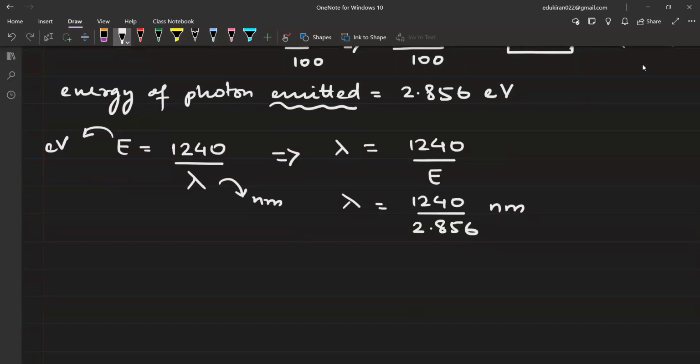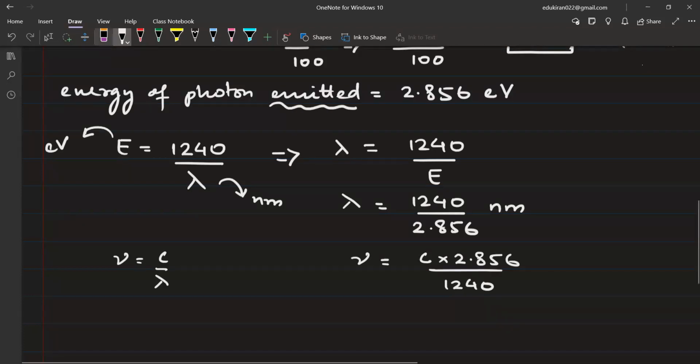And what is frequency? Frequency and lambda are related by what term? Frequency is equal to C upon lambda, right? So frequency will be equal to C into 2.856 divided by 1240. C is 3 into 10 to the power 8 meter per second.